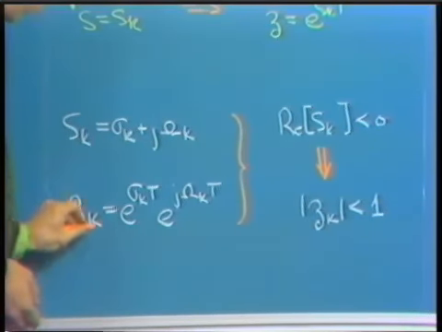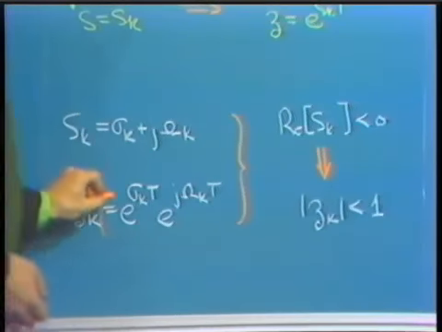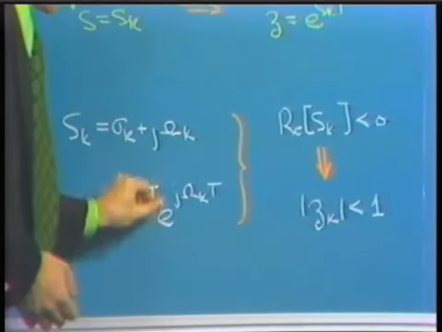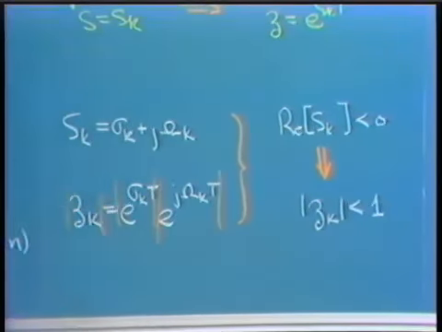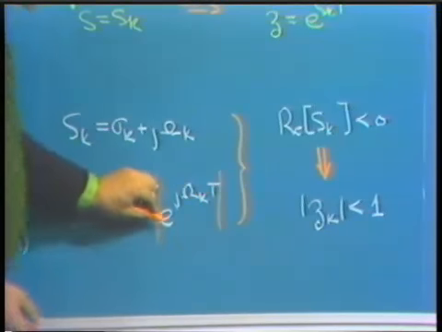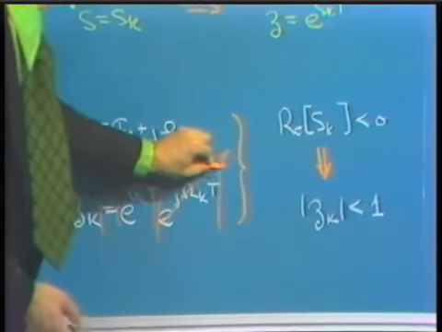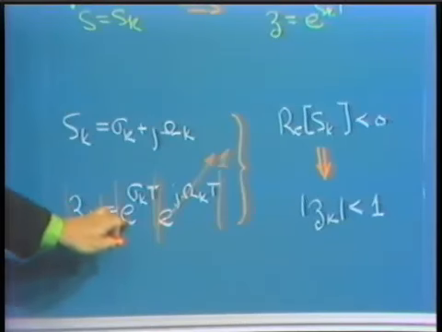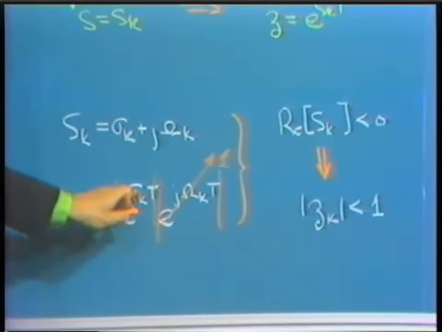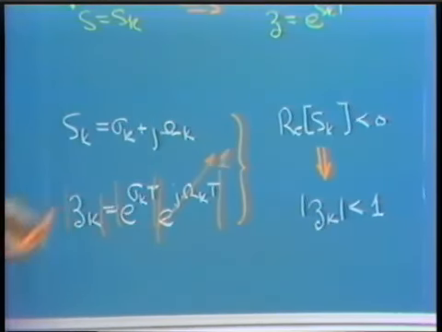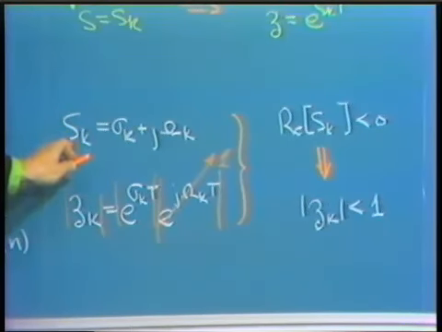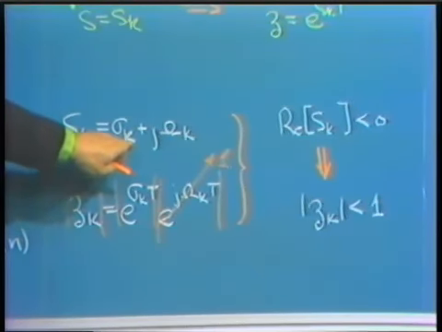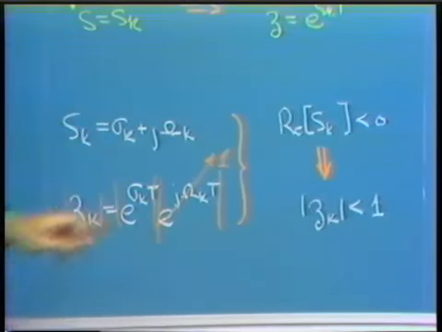The magnitude of this is the product of the magnitudes. The magnitude of the second term is unity, so all that we care about is the magnitude e to the sigma sub k capital T. If the analog filter is stable, sigma sub k is negative. If sigma sub k is negative, then e to the sigma sub k capital T has a magnitude less than 1.